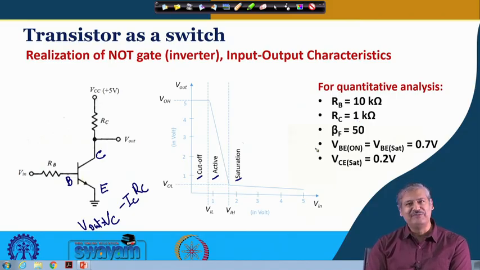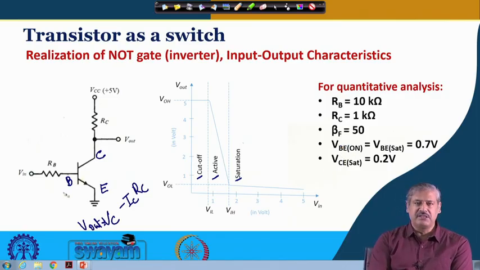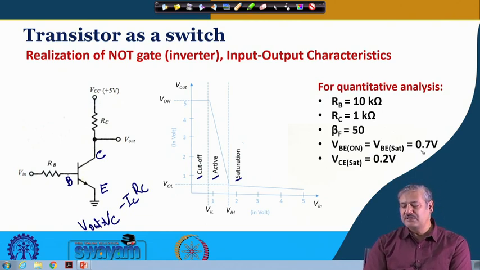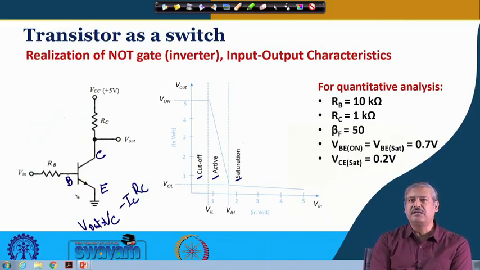RC is 1 kilo ohm, the transistor current gain beta F is 50, where beta F stands for beta forward and beta R is beta reverse, which we shall take up later. VB on, the voltage at which the transistor turns on and remains on, we consider to be 0.7 volt. When it goes to saturation there is a small increase in this voltage, but as I said this is an approximate analysis, so we shall keep it at 0.7 volt only.